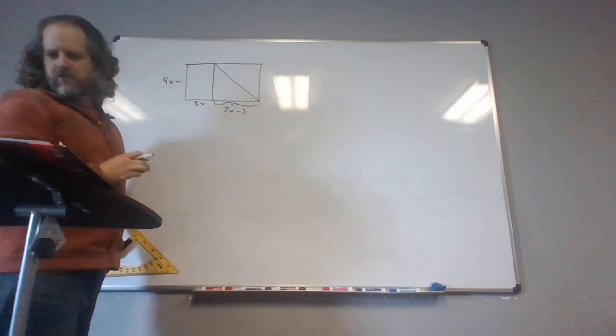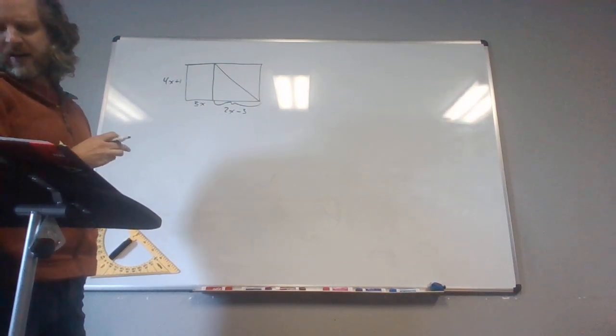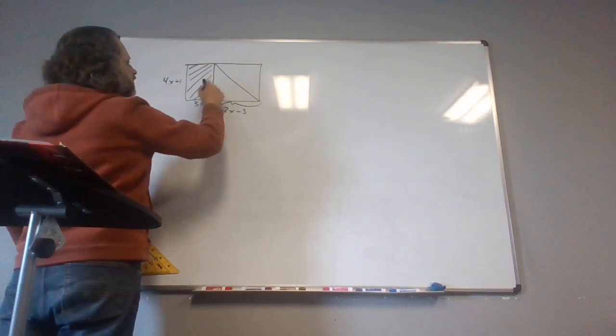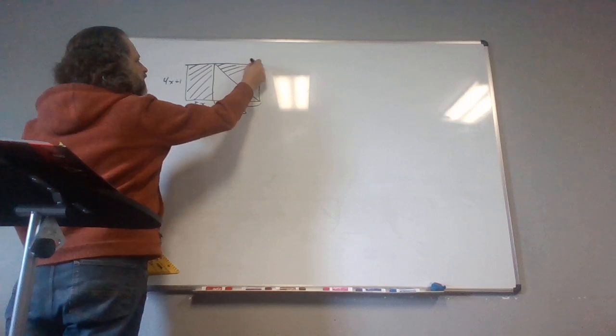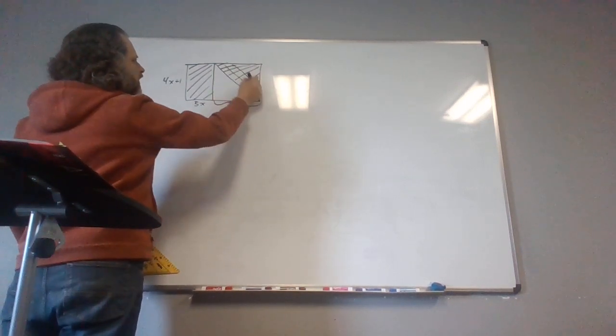We want to find an expression to represent the area of each shaded region. The shaded region is this bit and this bit, everything but that triangle in the middle.